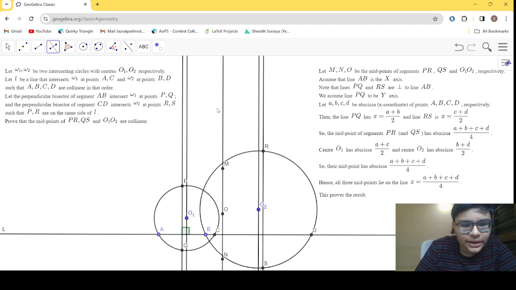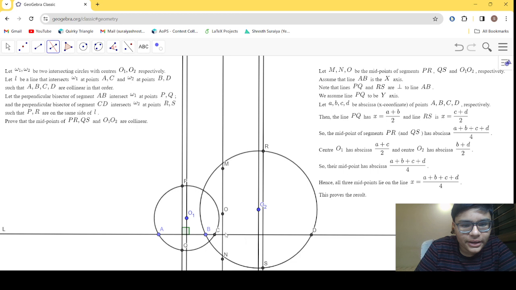So you can see this line in the middle is actually the answer. And this proves that the 3 points are collinear, right? Because they lie on a line. And it also proves that this line is actually perpendicular to the original line L, right?